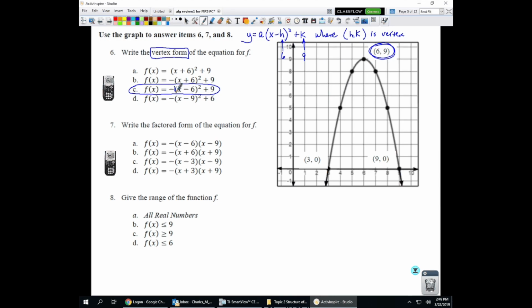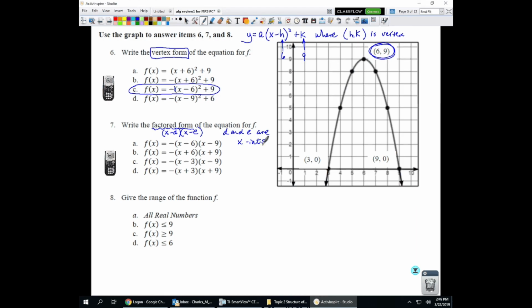Okay, number 7, and this is one of the newer things we've covered. This is factored form of an equation. Now, factored form is a times x minus d times x minus e, where d and e are the x-intercepts.